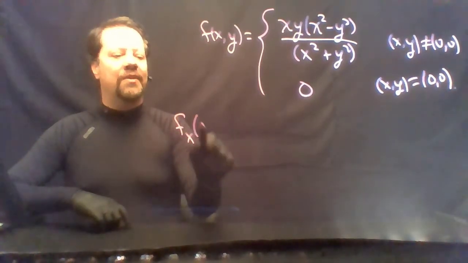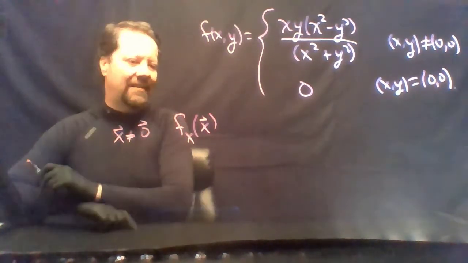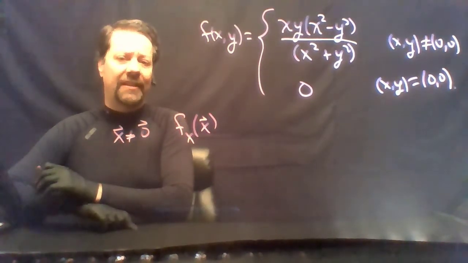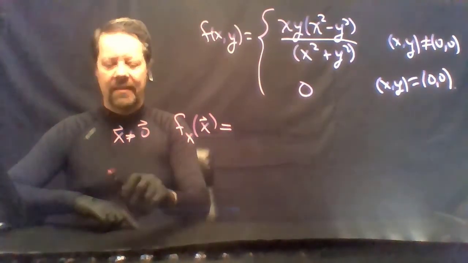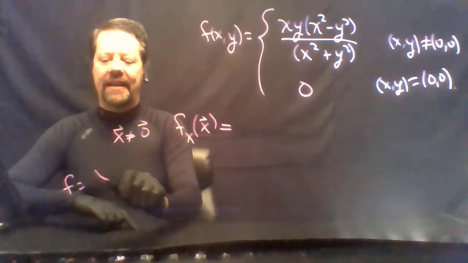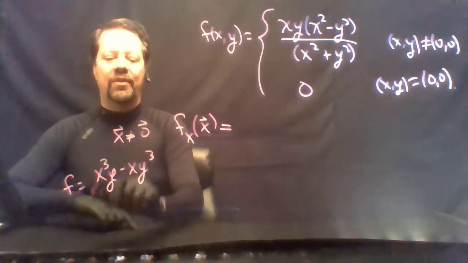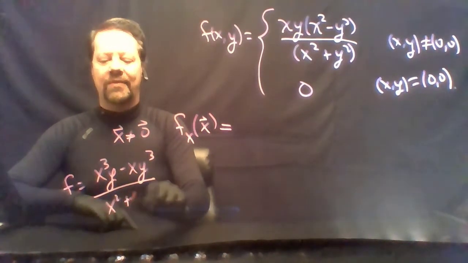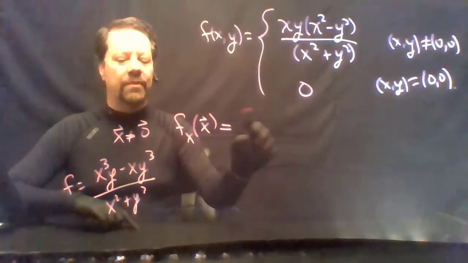Let's look at the partial derivative with respect to x when (x, y) is not at the origin. We'll have to calculate the derivative with respect to x at the origin as well. Note that we can distribute to obtain f is (x cubed y minus x y cubed) over (x squared plus y squared), and calculate the derivative directly using the quotient rule.